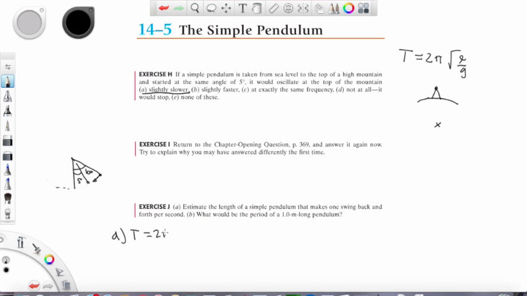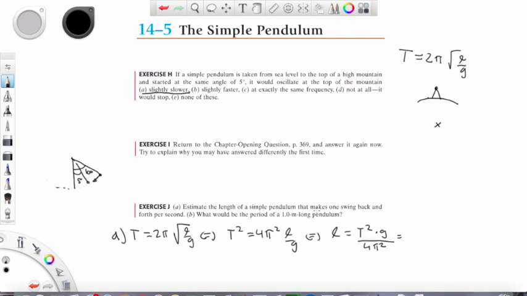Period is 2π times the square root of L over g, and we have to solve for L. So we raise to the second power: T squared equals 4π squared L over g, and L will be T squared times g divided by 4π squared.